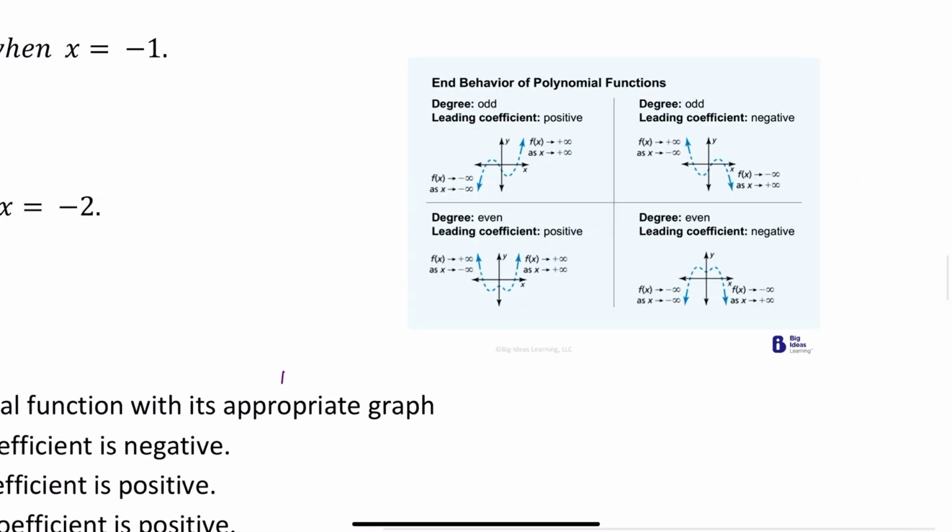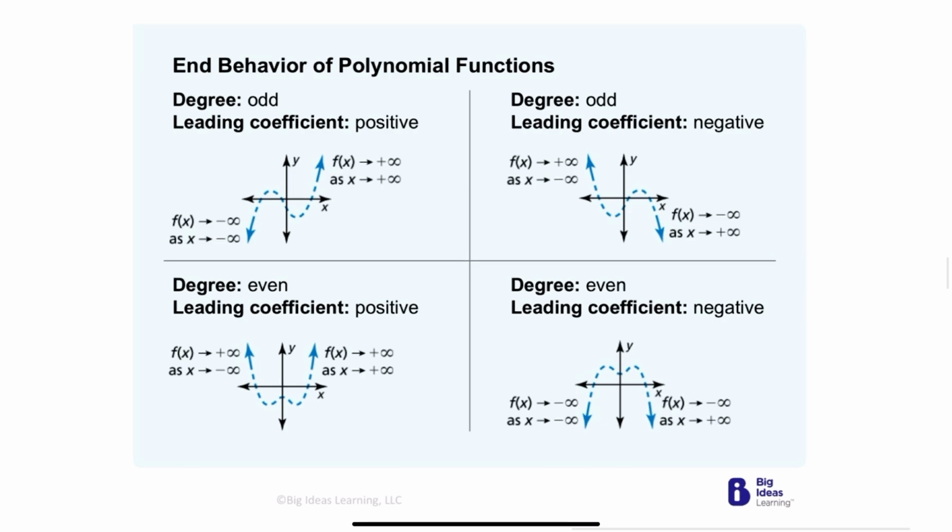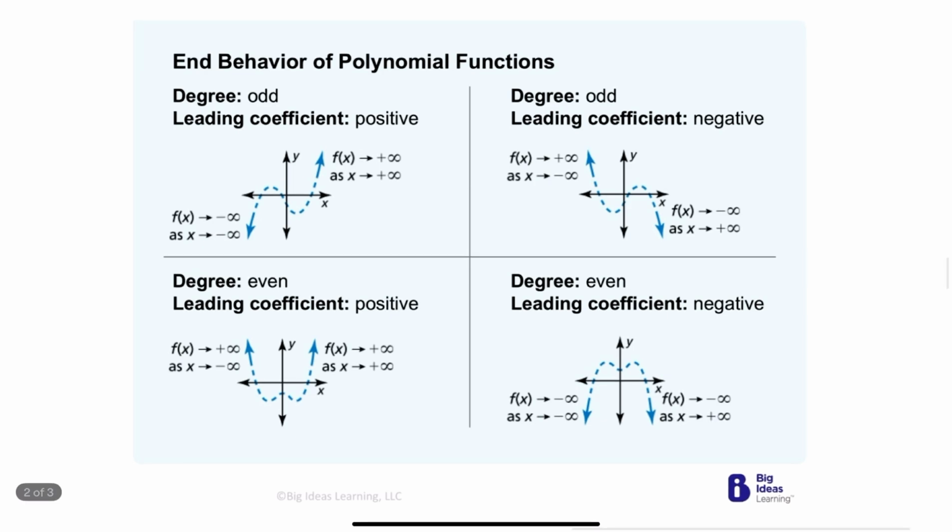Because this is end behavior of polynomial functions. So end behavior is just telling you how the endpoints, and I say that lightly because there may not even be endpoints.